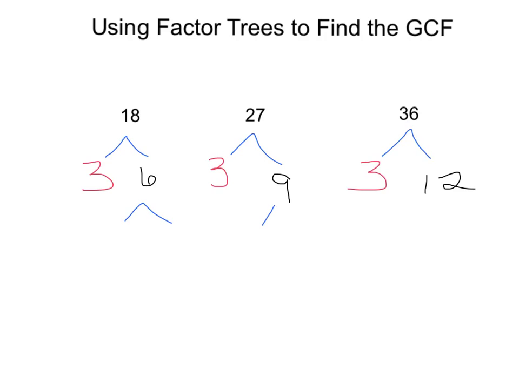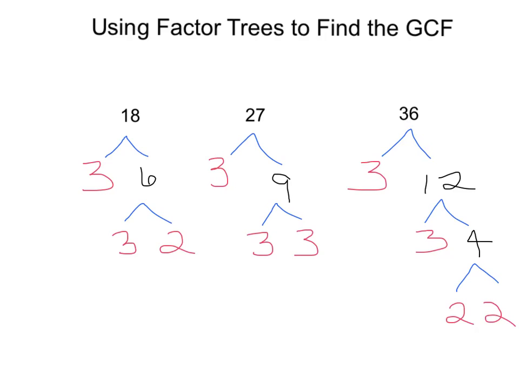Then we can break down the 6, the 9, and the 12. 6 can be broken down into 3 and 2 that are both prime. 9 can be broken down to 3 and 3, which are both prime. And 12 can be broken down into 3 and 4. 3 is prime, 4 is not. Break the 4 down farther into 2 and 2.